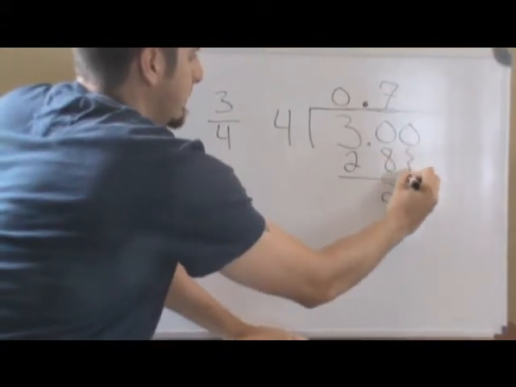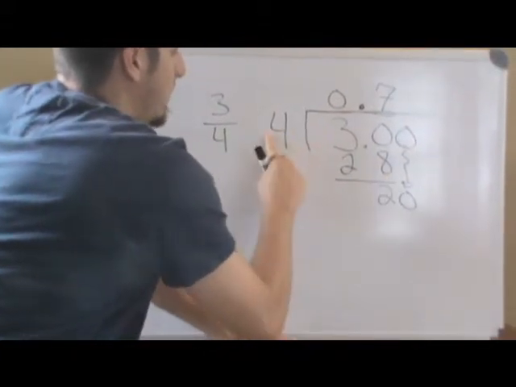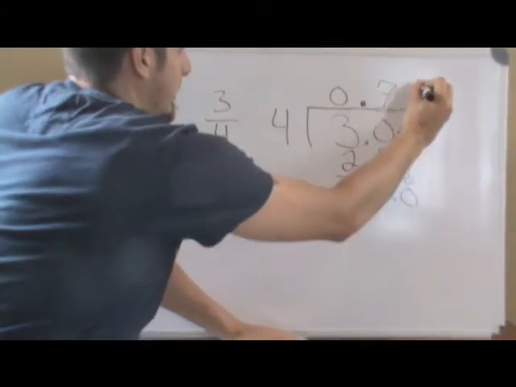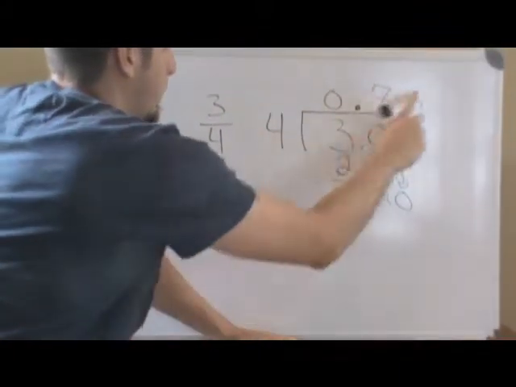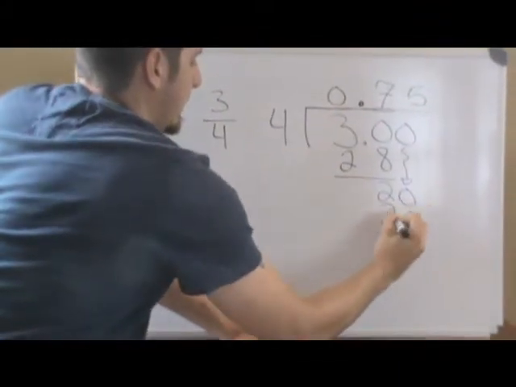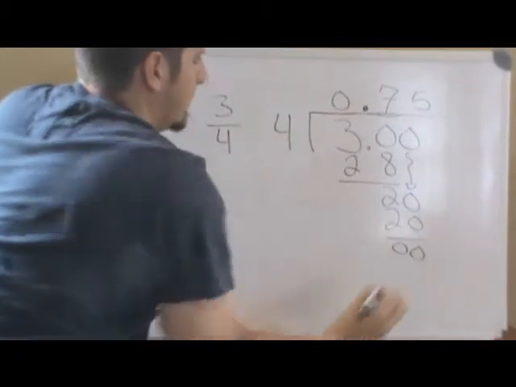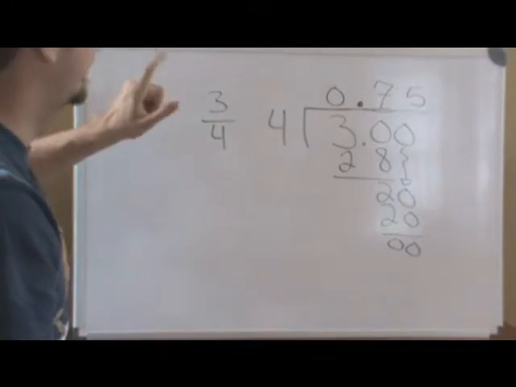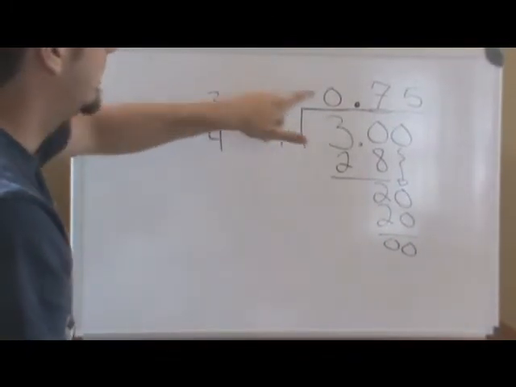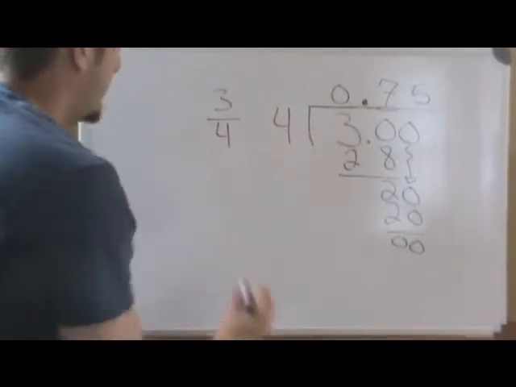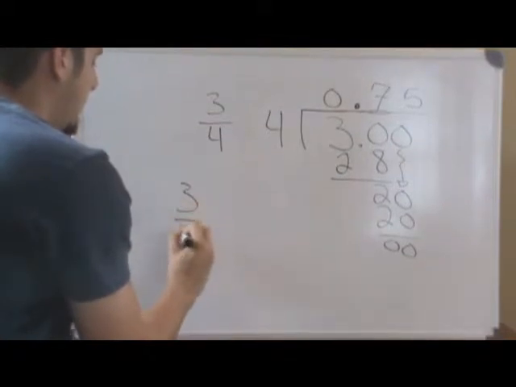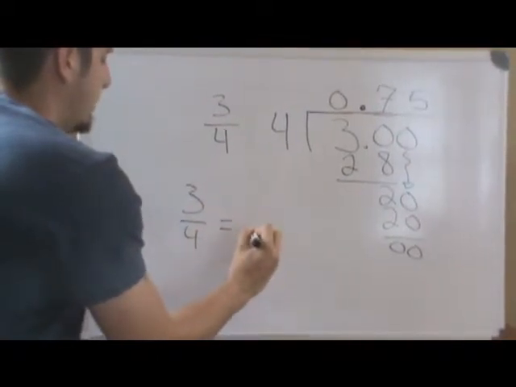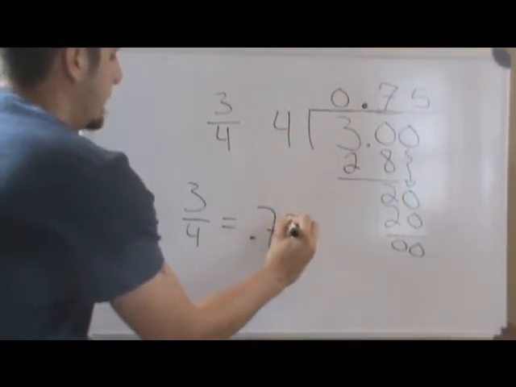Drop down the 0, and 4 goes into 20 5 times. 4 times 5 is 20, and we have nothing left. The fraction 3/4 is equal to the decimal 0.75. So 3 over 4 is equal to 0.75.